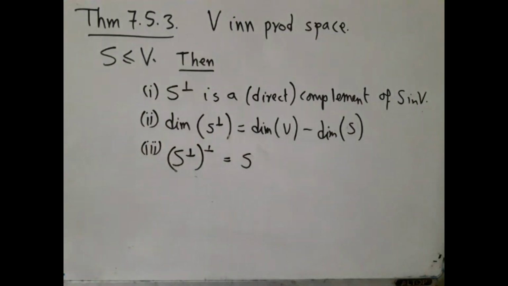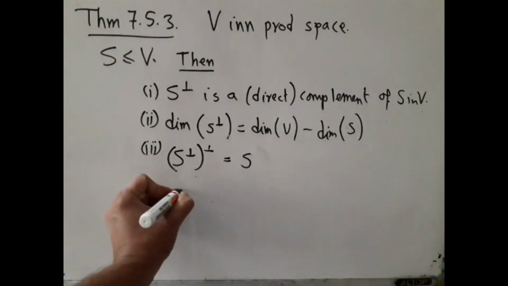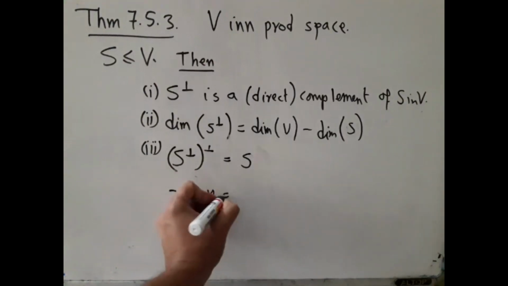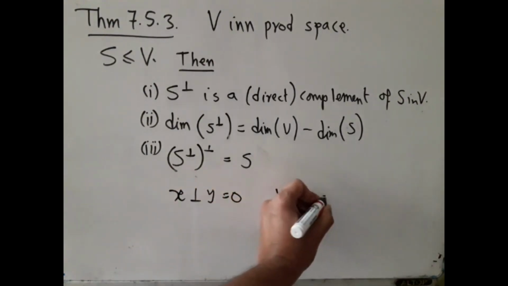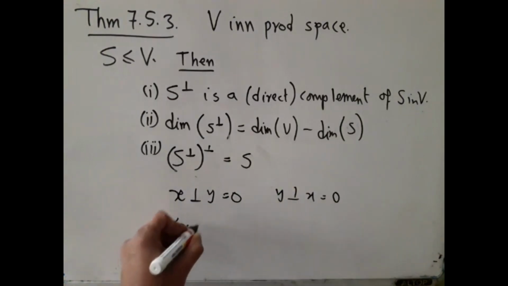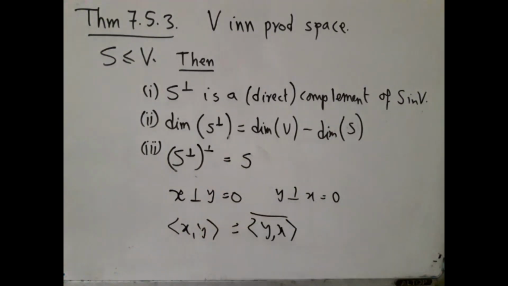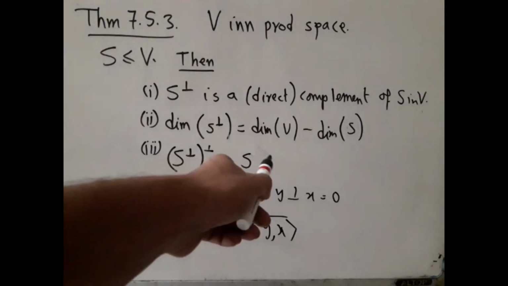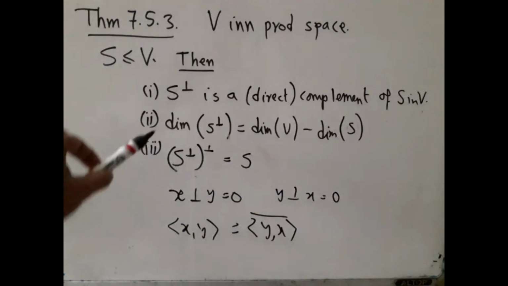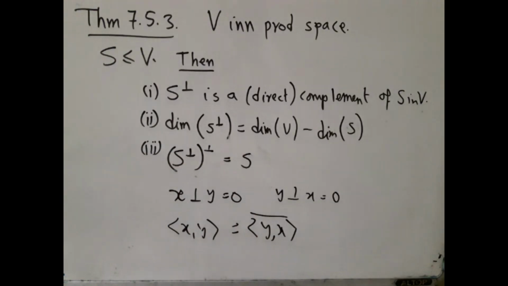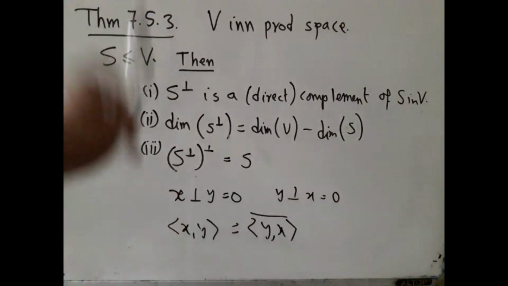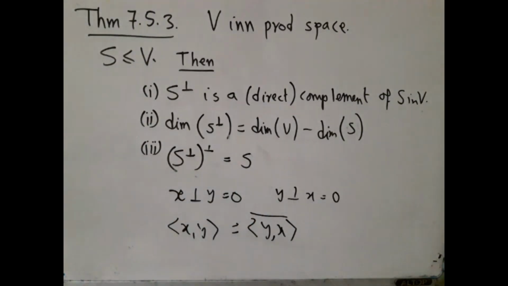It is just a straightforward argument following from the fact that if X is perpendicular to Y, then Y is perpendicular to X, which comes from the fact that X inner product Y is the same as Y inner product X, possibly with a complex conjugation. So this is a very straightforward result. You really do not need to put it in this list. Unfortunately, Rao Bhimasankaram being Rao Bhimasankaram, they specialize in mixing odd things together, so they have put this as part of this theorem. Yes, you can obtain this from this also, but that is not important.